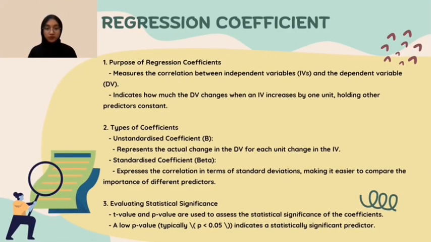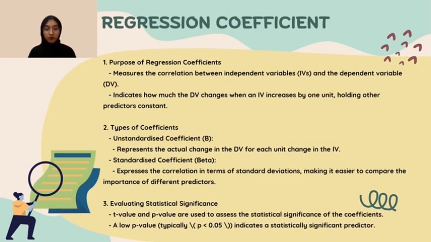In addition, I will talk about regression coefficients and R-squared. A regression coefficient measures the relationship between an independent variable and a dependent variable, indicating how much the dependent variable changes when the independent variable increases by 1 unit while keeping other predictors constant.